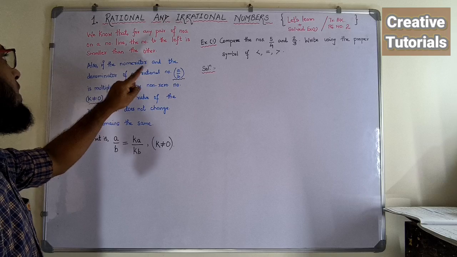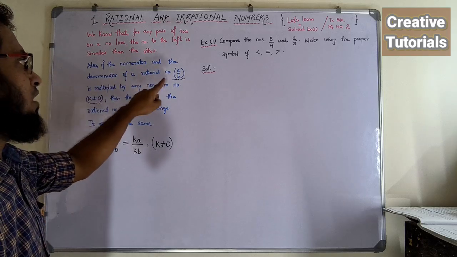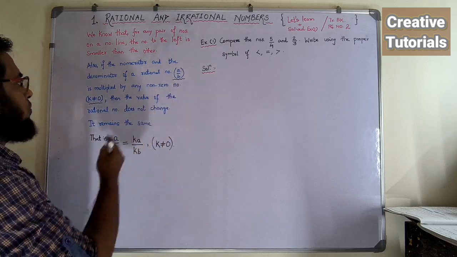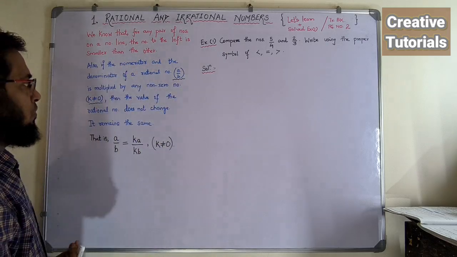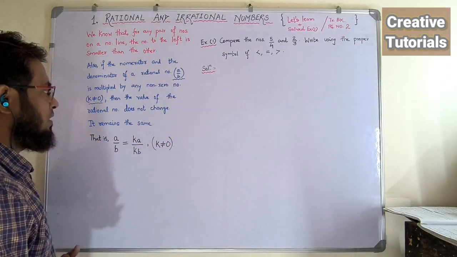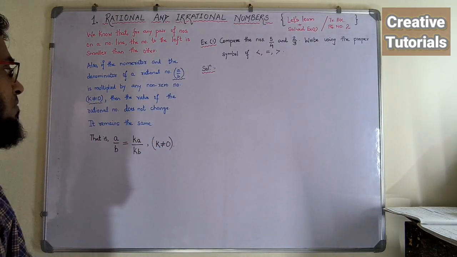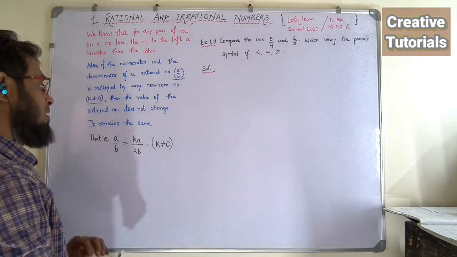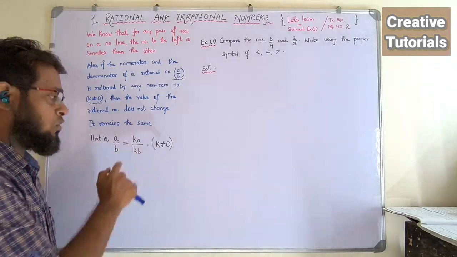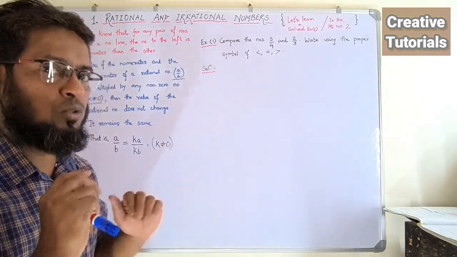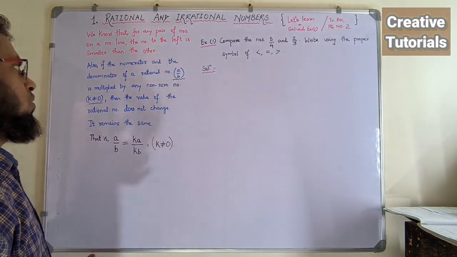Also, if the numerator and the denominator of a rational number a upon b is multiplied by any non-zero, that is k is not equal to 0, then the value of the rational number does not change. It remains the same. That is, a upon b is equal to ka upon kb, where k is not equal to 0. K is a non-zero number.